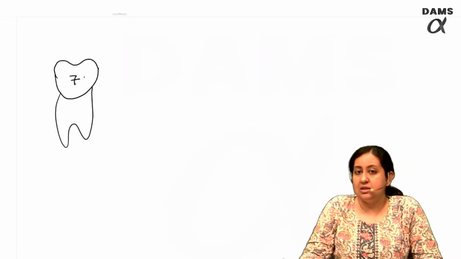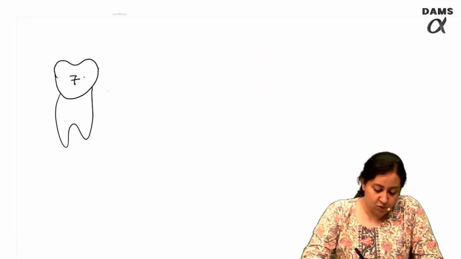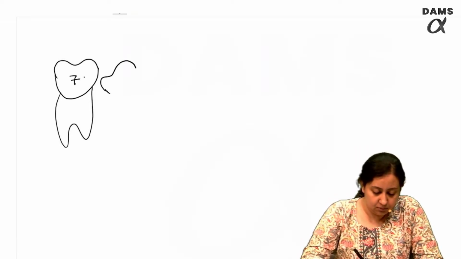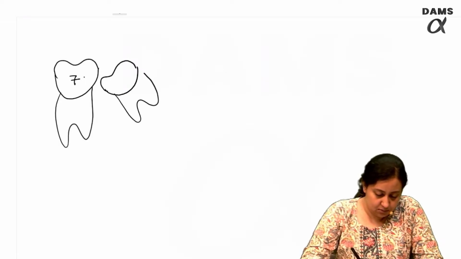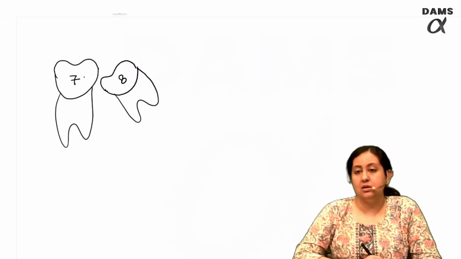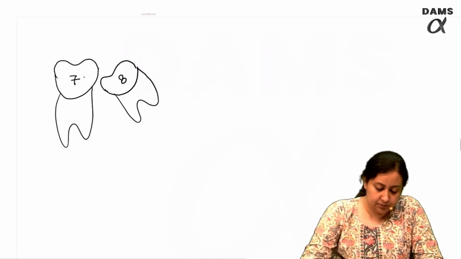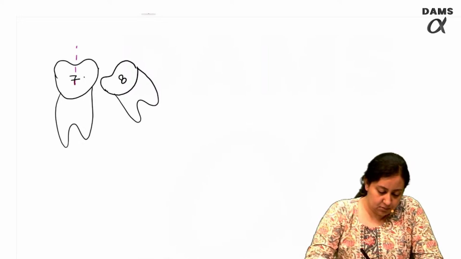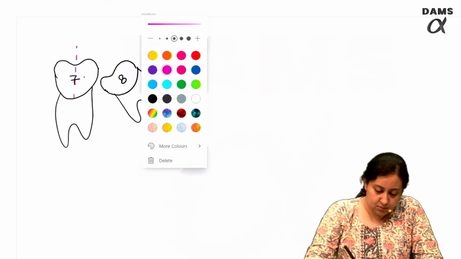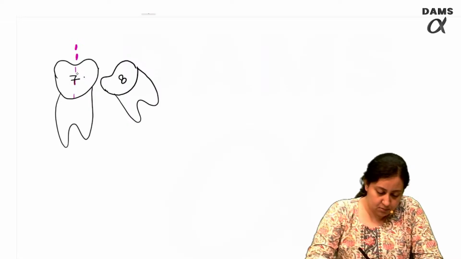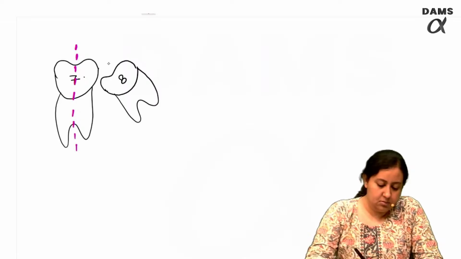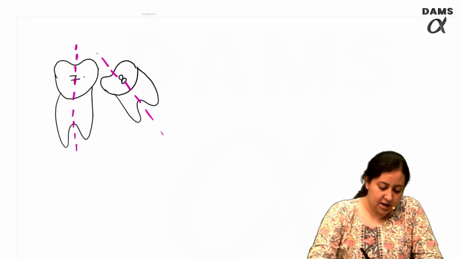Let's suppose this is the second molar, and this is the third molar. Now let us draw the long axis. You draw the long axis of the 8 and you stretch beyond.